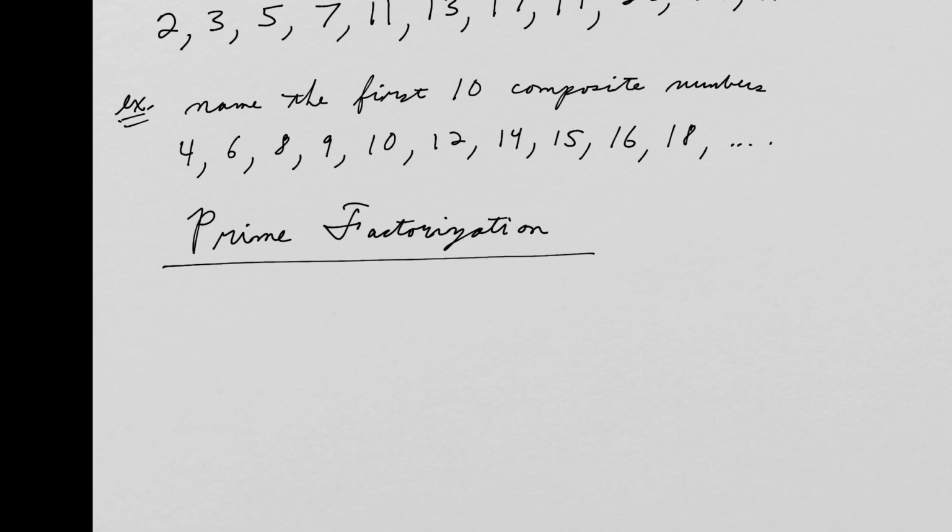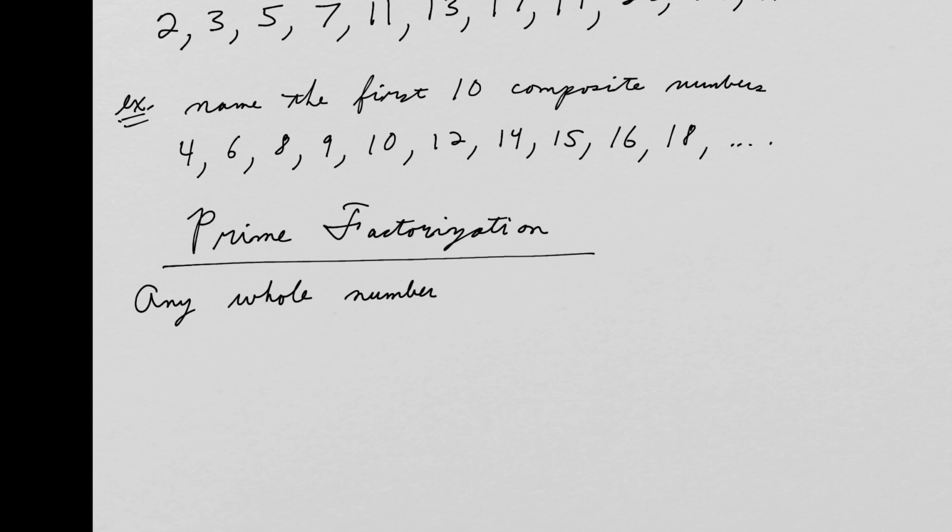So basically, what this is, I can take any whole number, right, that's not 0 and 1, and either it's already prime, or if it's composite, it can be written as a product of prime numbers. So really what we're saying is any whole number greater than 1, right?